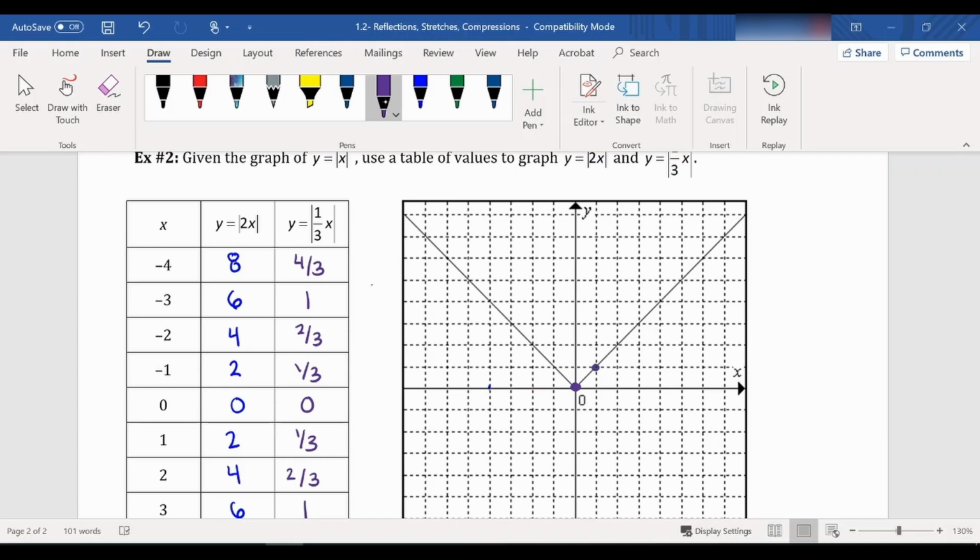If I take a look at this point here, y is 1. If I times by 5, now my y would be 5. My x value would stay the same. So this point is just going to move up. Okay. The next point, y is 2, so now y would be 10. So it's actually going to be off our graph here. So it just moves up. Okay. So it's expanding. It's being multiplied by 5. Okay. And then we would connect those points.